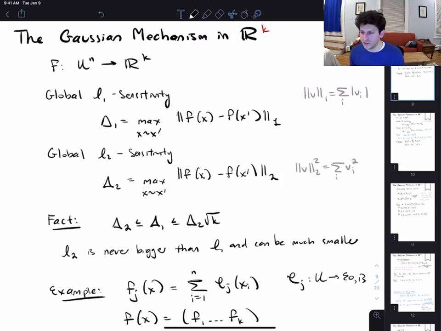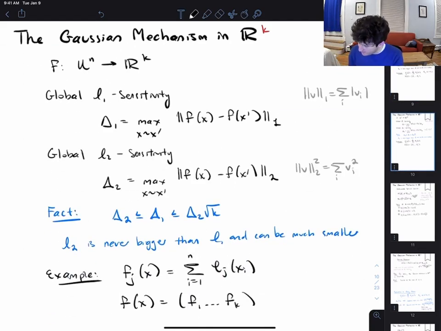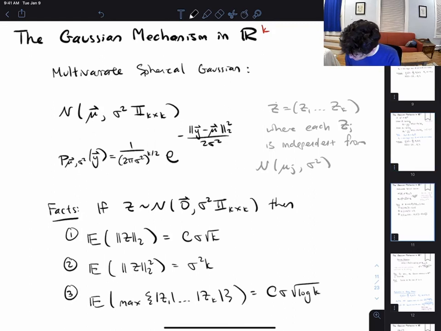But that on its own isn't so interesting. What's interesting is that we can, in fact, add noise proportional to this L2 sensitivity using multivariate Gaussian noise. When I say multivariate Gaussian noise, what I mean is just adding noise to each coordinate of the vector independently from a normal.